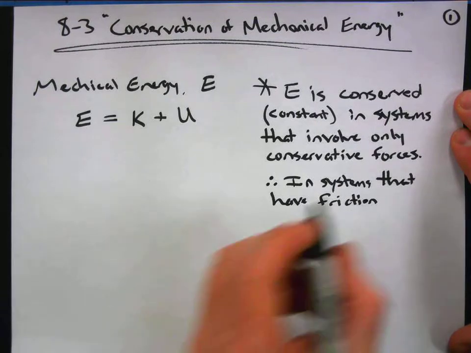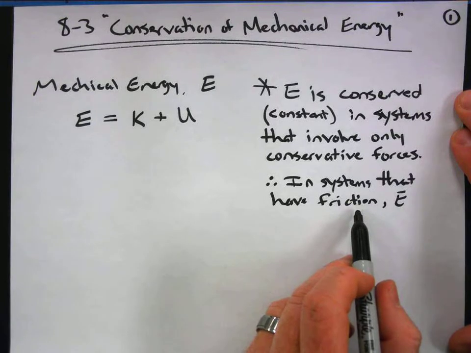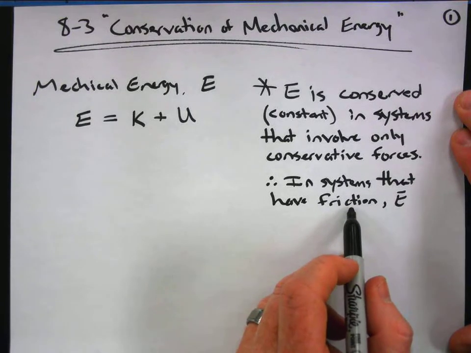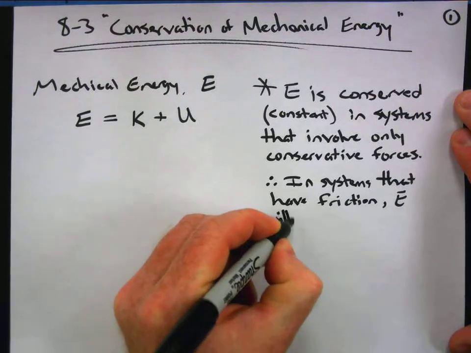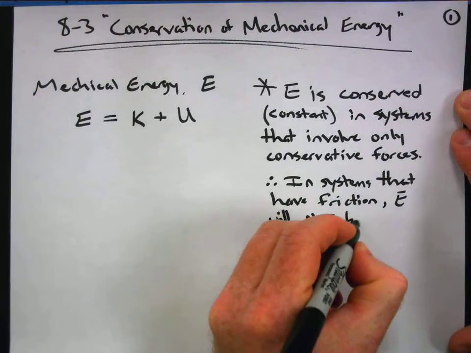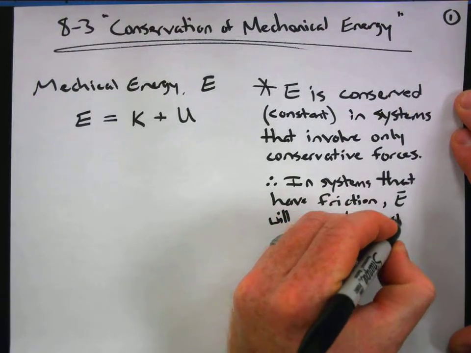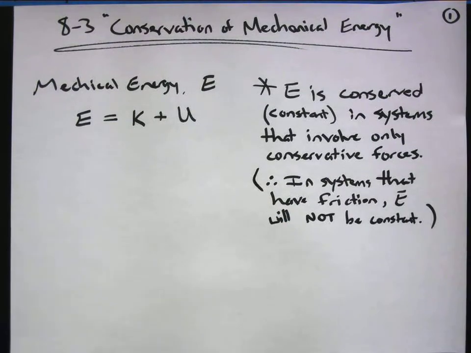Then in systems like this, where friction exists, we know friction is a non-conservative force, then E, in other words mechanical energy, will not be conserved. It will not be constant. So this matters a lot.